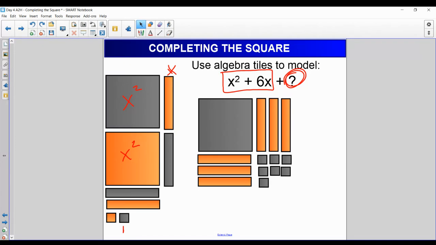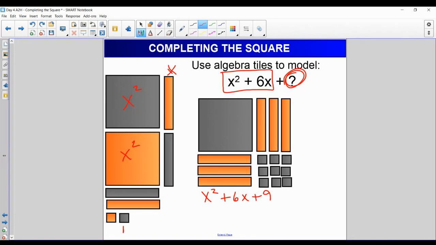I'll fill this in. Okay, so what we have then is x squared plus 6x plus 9.